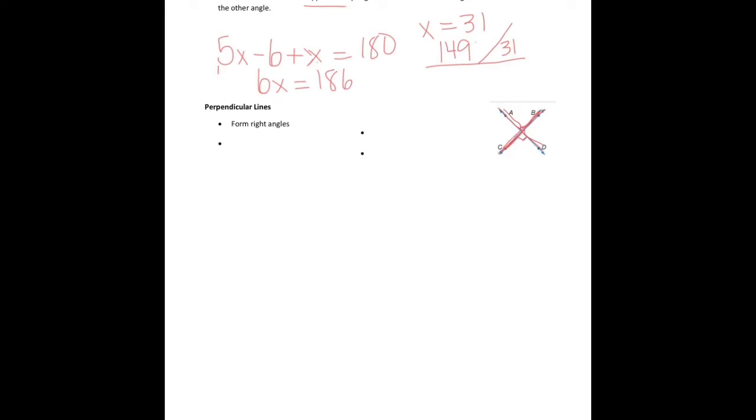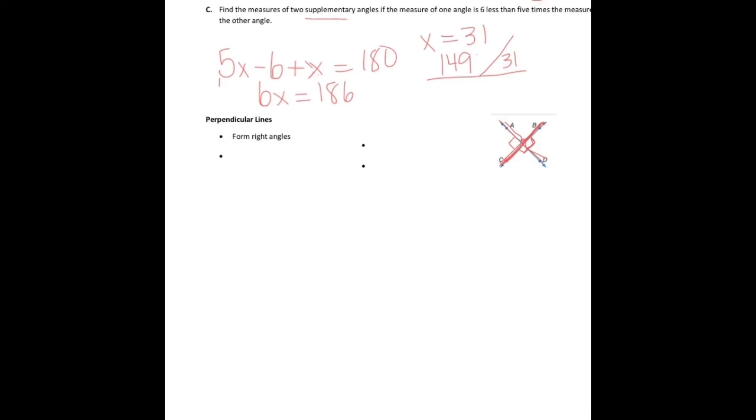But this forms a linear pair, which means they sum up to 180. So perpendicular lines form right angles. Okay? Perpendicular lines form two pairs of vertical angles.